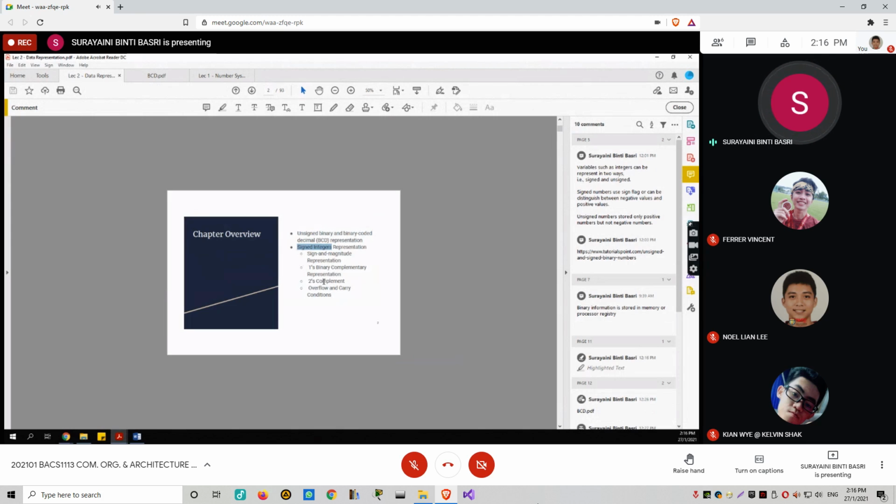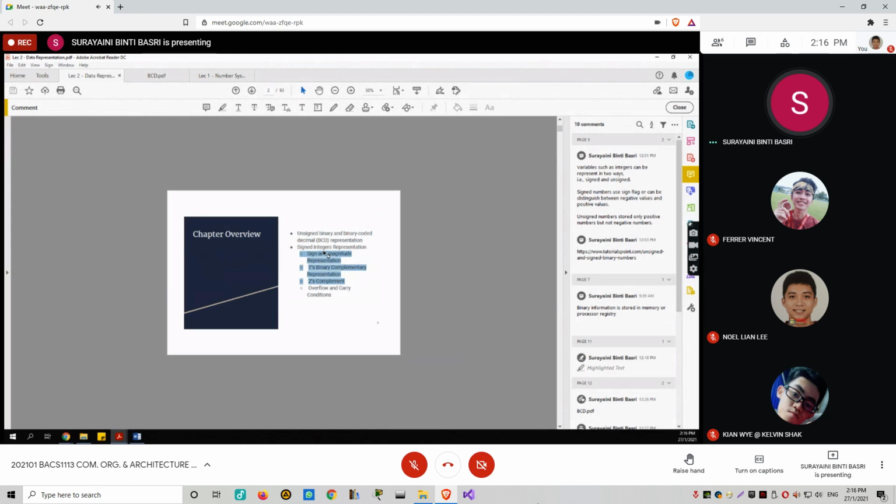In signed integer representation, we will learn three ways you can calculate the signed integer.